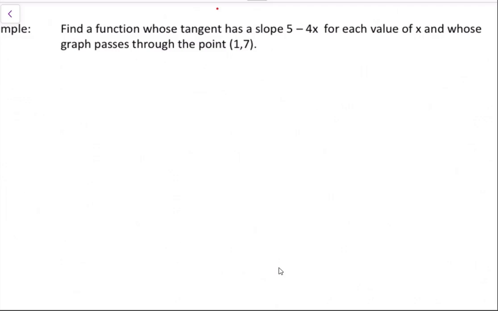In this problem, we're given information about that tangent line: we have been given the slope of the tangent line, and we want to go back to the original function.